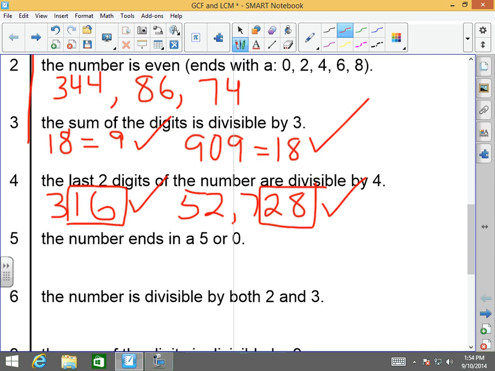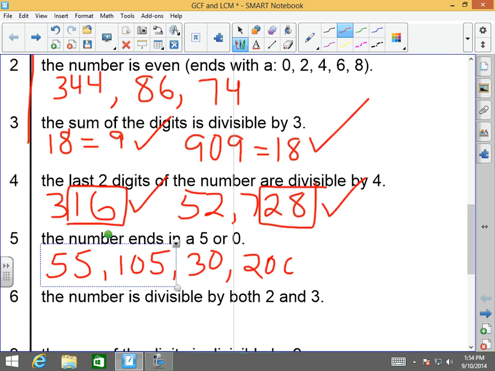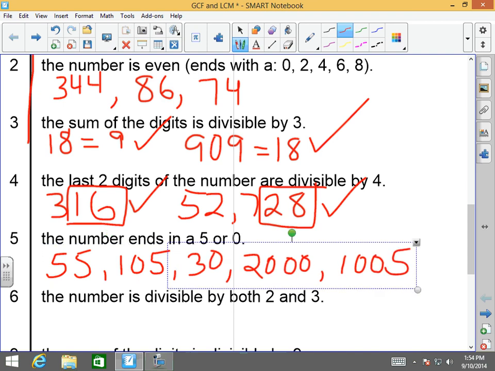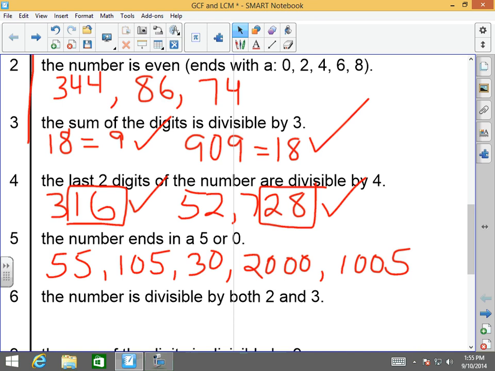So any number that ends in a 5 or a 0 is divisible by 5. Like 55, or 100, and 5, or 30, or 2,000, or 1,005. Any number that ends in a 0 or 5 is divisible by 5.